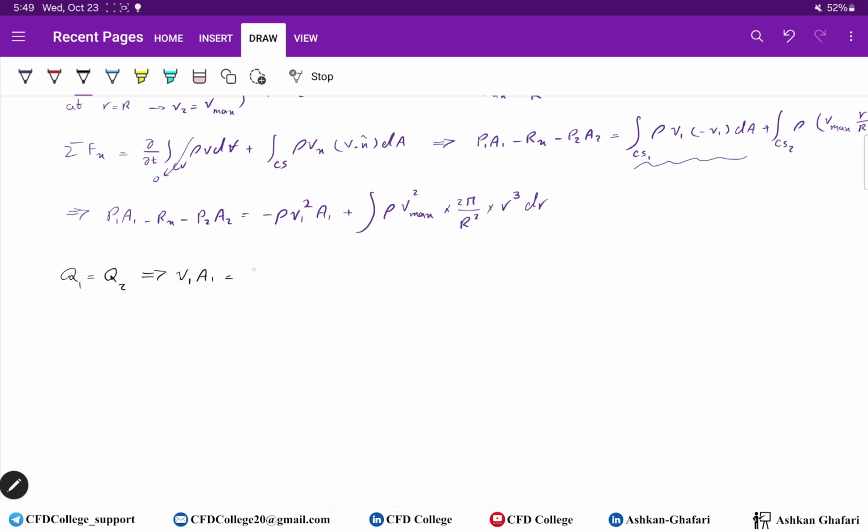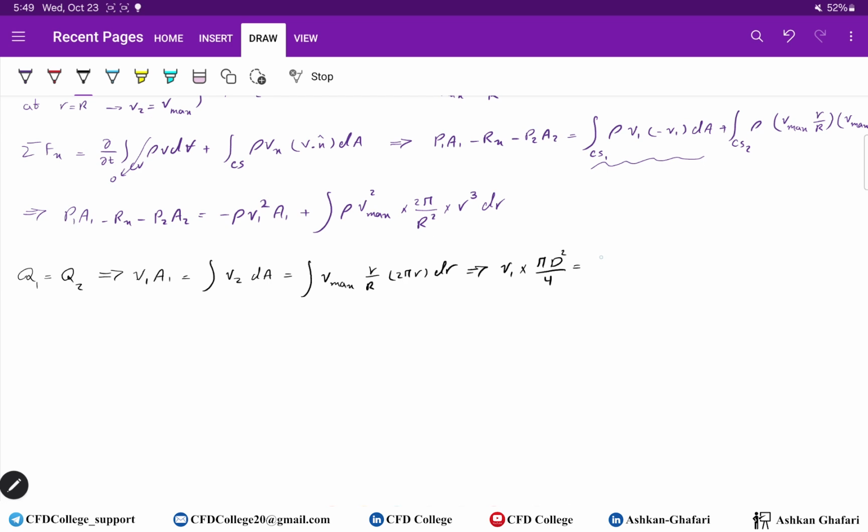Q2 is the integral of V2 dA, which equals the integral of Vmax r over r times 2 pi r dr. So V1, and the area is pi d square over 4, equals the integral of Vmax 2 pi.